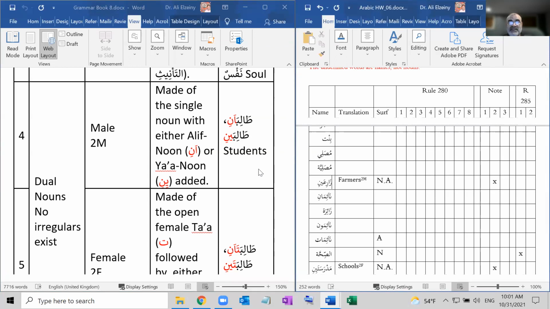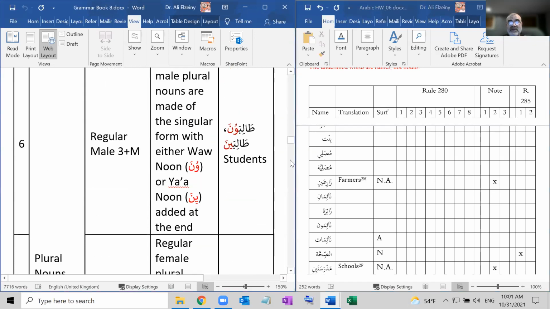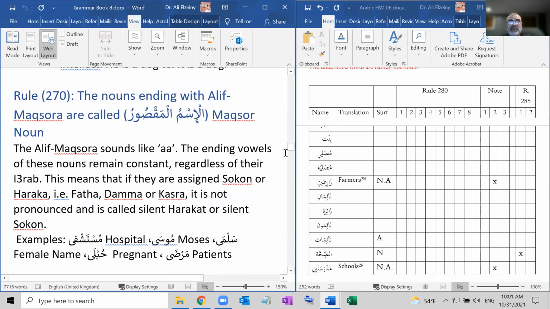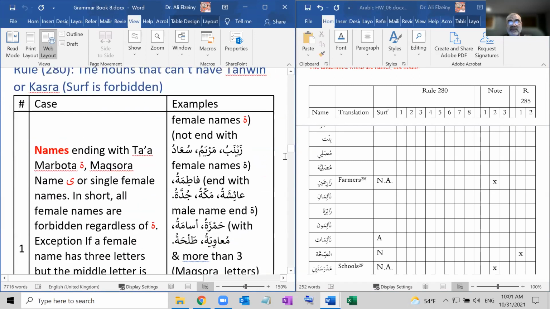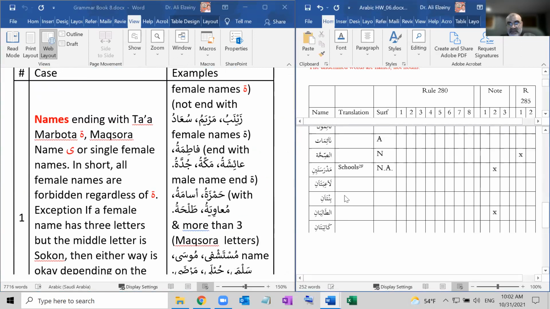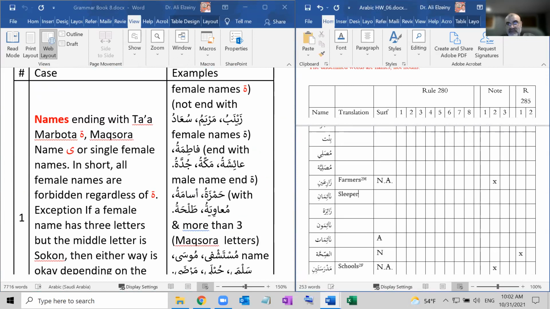And in this case, sarf is not applicable here, according to rule 280. It's not a name.